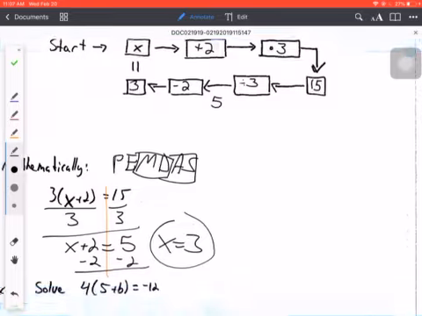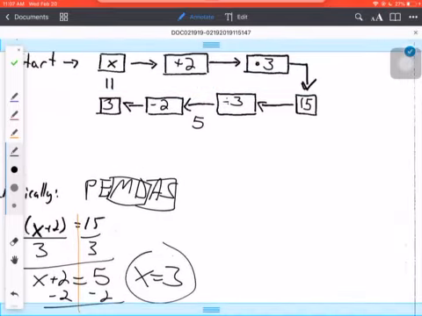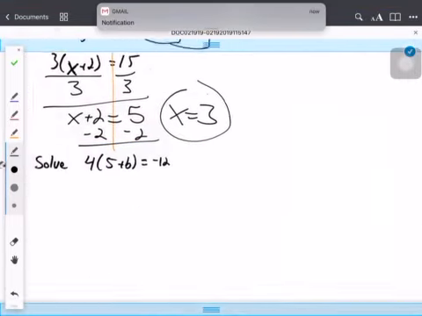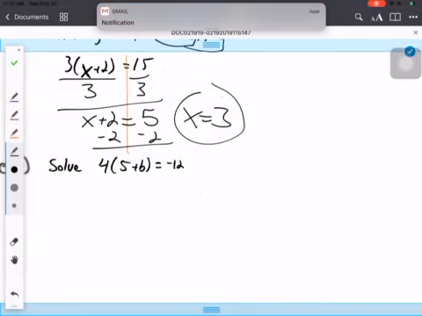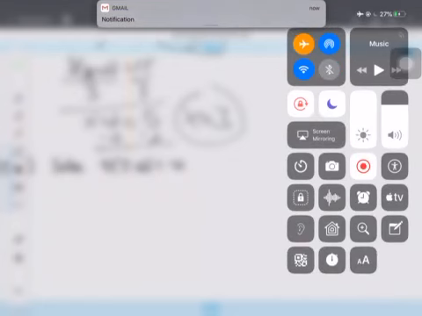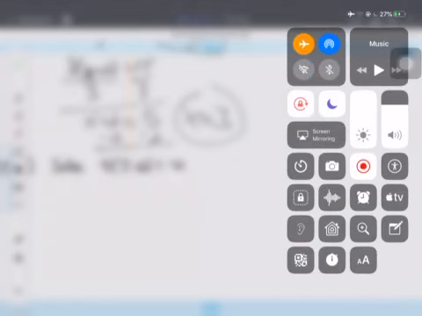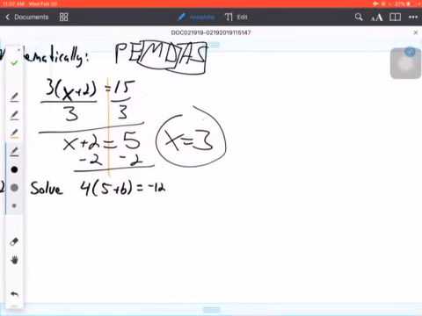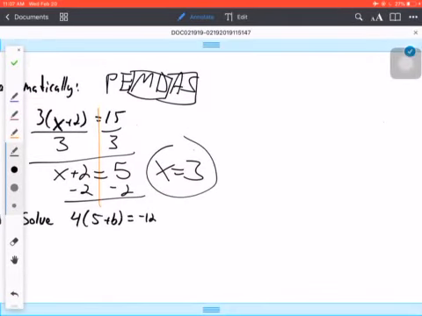The other way that this can be done, again, it does say several up on top. Let's get rid of those notifications. There we go. What we can do is undo the distributive property right away. So we have 3 times x plus 2 equals 15.